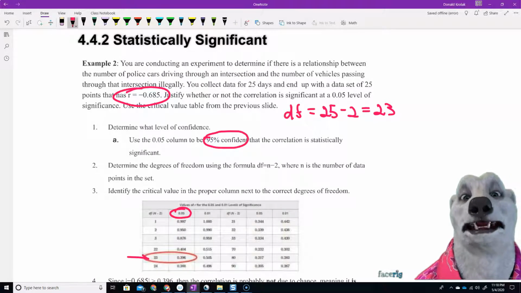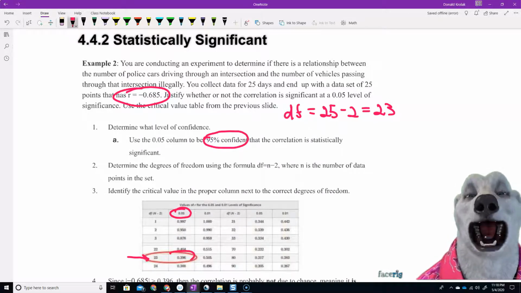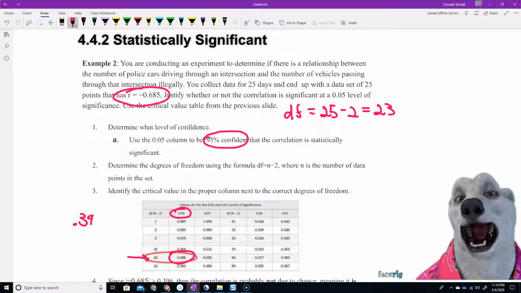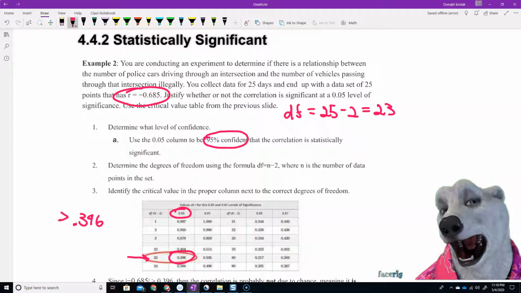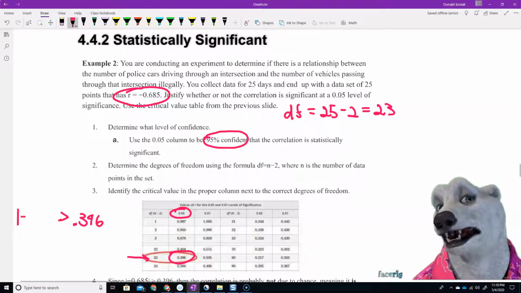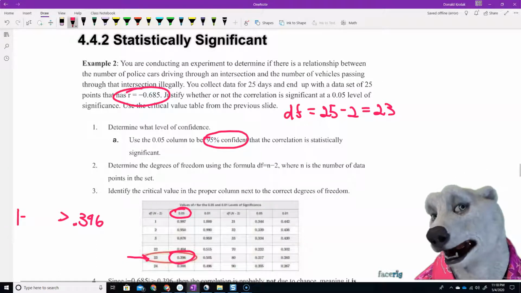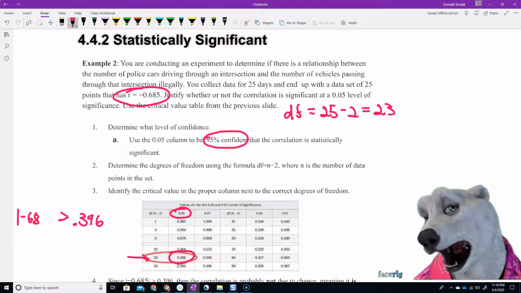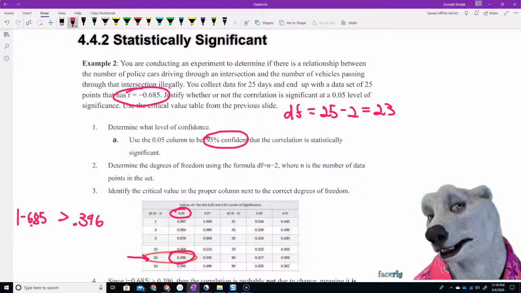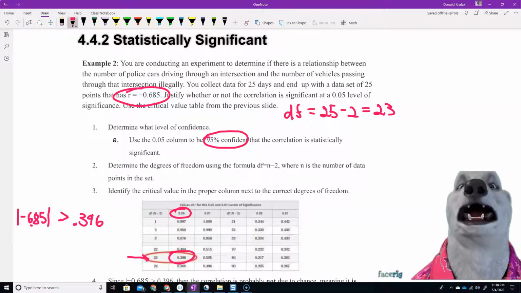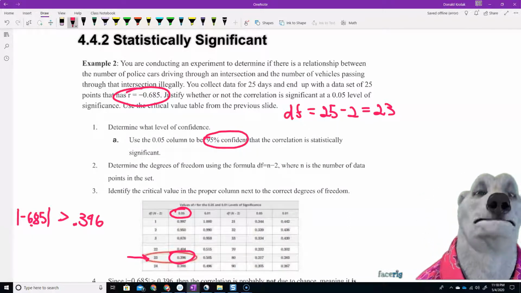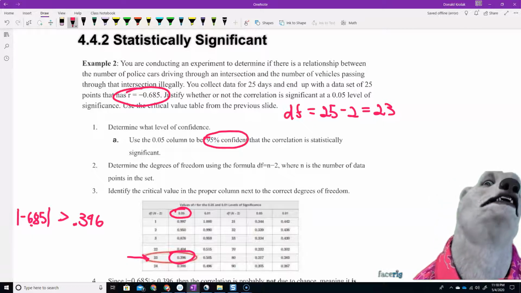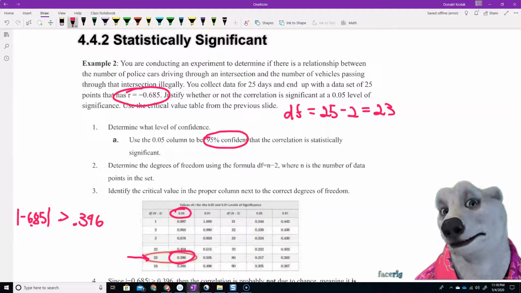Here's my degrees of freedom. And my critical value is 0.396. I want to be sure that the absolute value is greater than that. And if it is, then I have 95% confidence that what I'm observing didn't occur by chance.